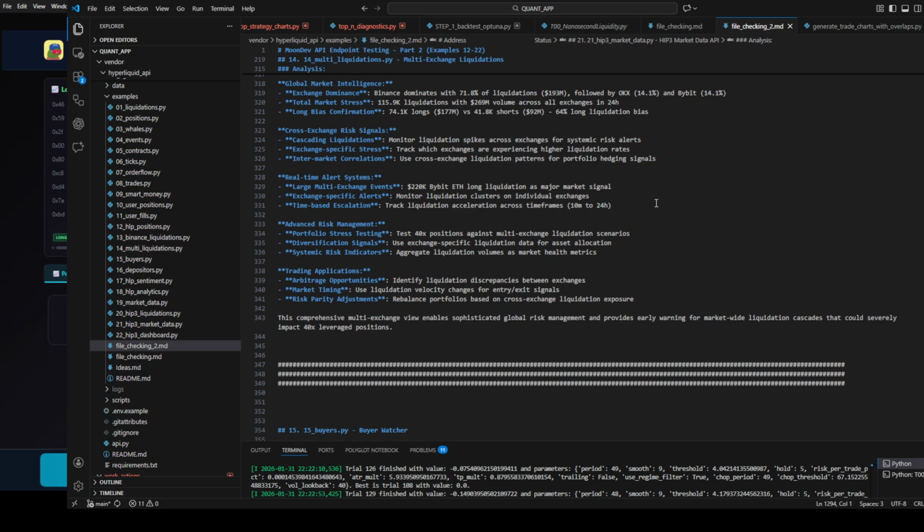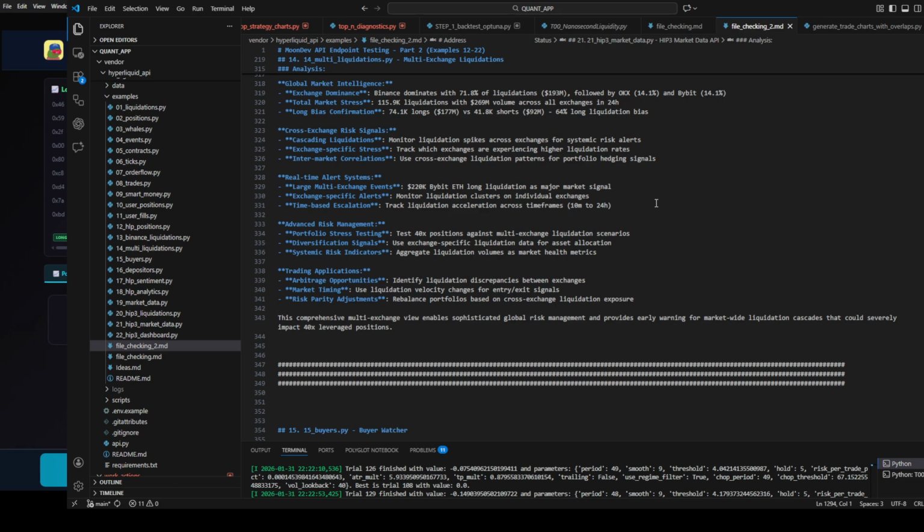Monitor liquidation clusters on individual exchanges. Track liquidation acceleration across timeframes, 10 minutes to 24 hours. Advanced risk management, portfolio stress: test 40x positions against multi-exchange liquidation scenarios.